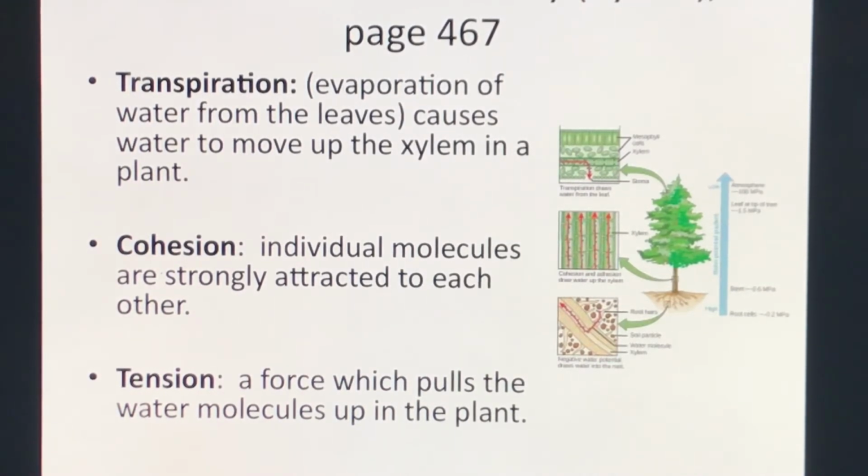And here we take on this concept of the cohesion tension theory that occurs in the xylem cells. So just to review, we know that transpiration is the evaporation of water from the leaves, and it causes water to move up the xylem in a plant.